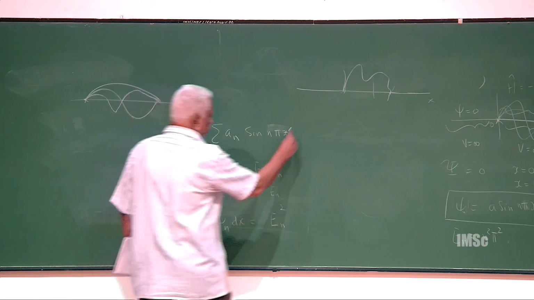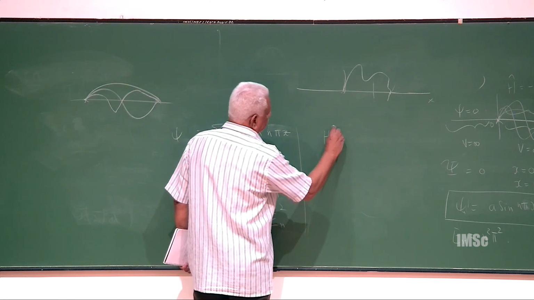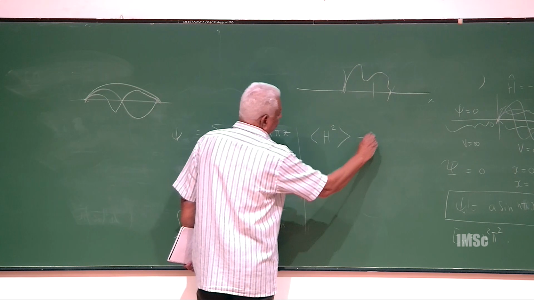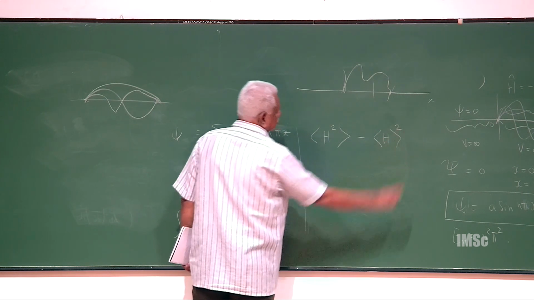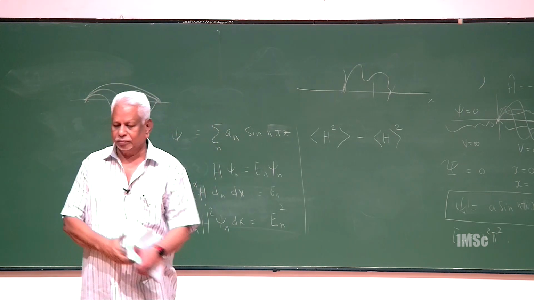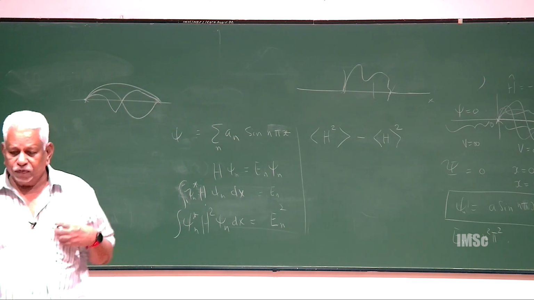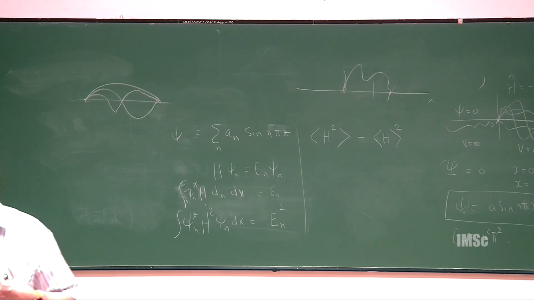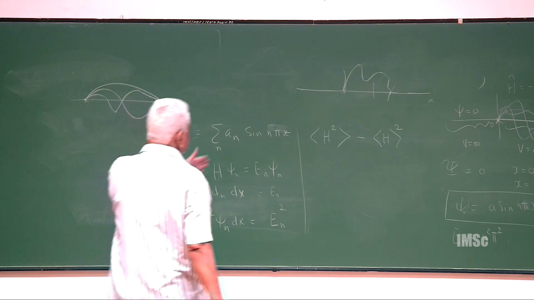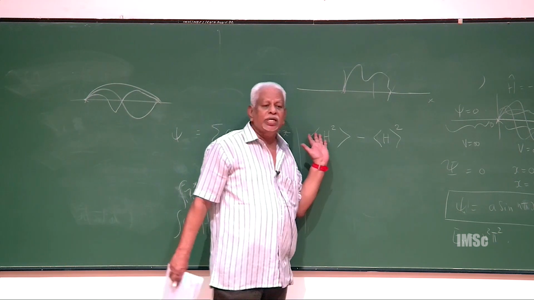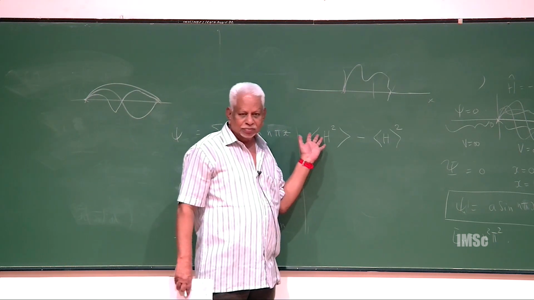Now I am going to find out H square average minus H average square for the pure eigenstate. This told me that H square average is En square if it is an eigenstate.